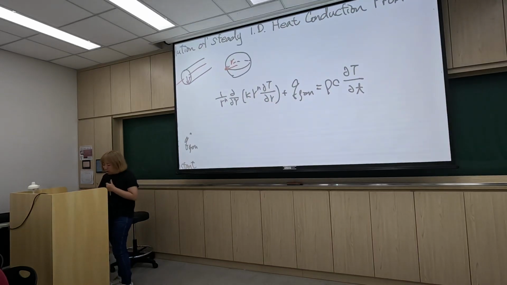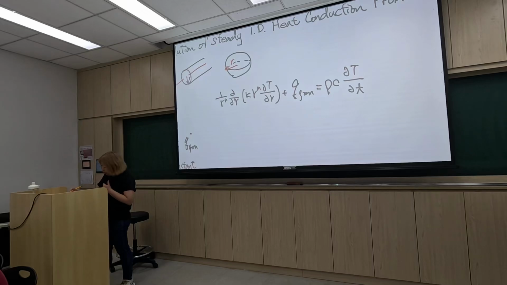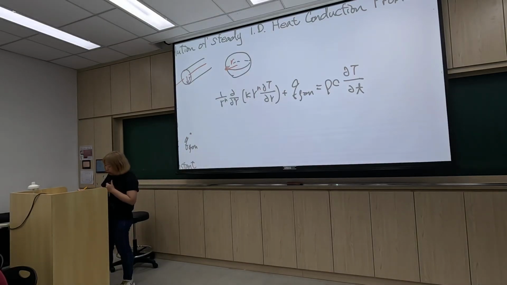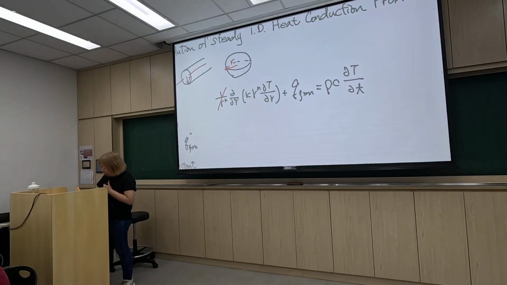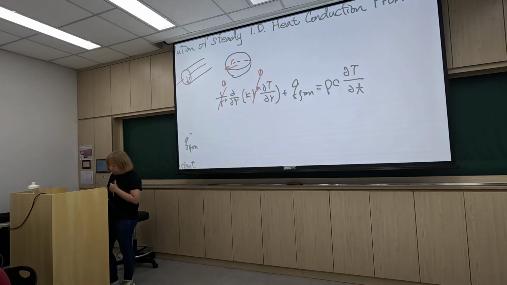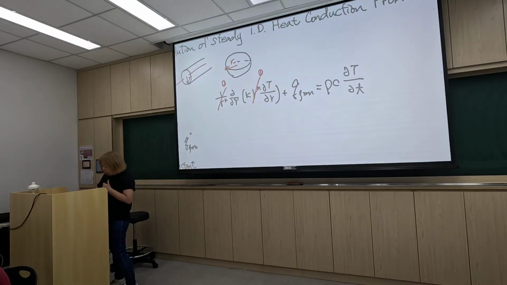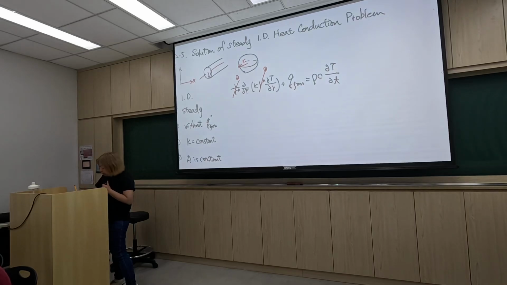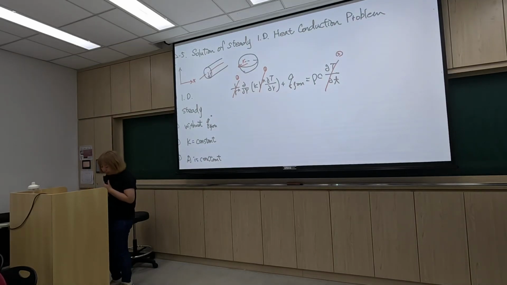Okay, this is our governing equation. Based on the assumption we just made, for example, this is one dimension, so we can get rid of this, and also this. This is the first assumption. We also mentioned this should be steady state, so the time term is also removed.